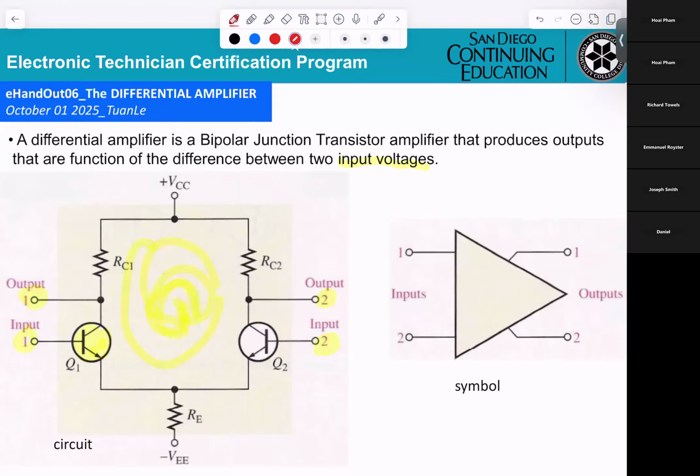Correct. That means the first thing I know, Q1 in this case, will be a CE amplifier. In the bipolar CE amplifier, the input is applied to the base, output from the collector.